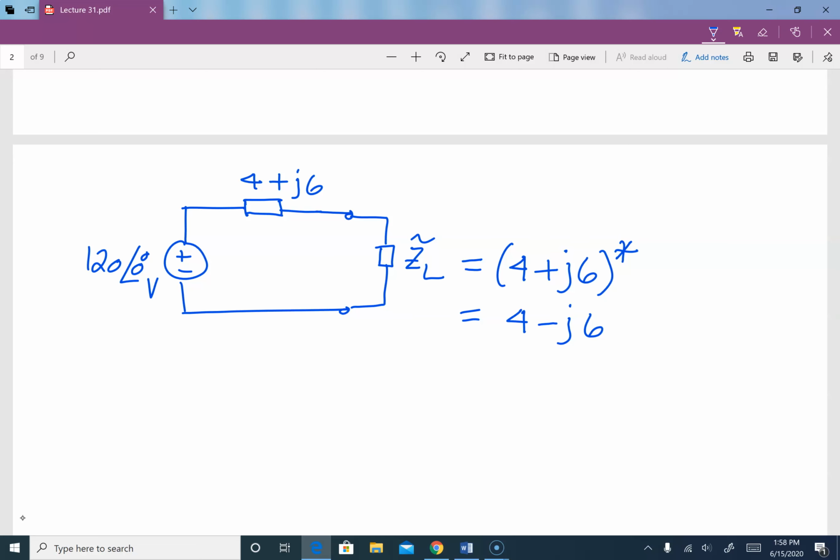So our Z Thevenin here is 4 plus j6, and our Z load to receive maximum power is 4 minus j6.